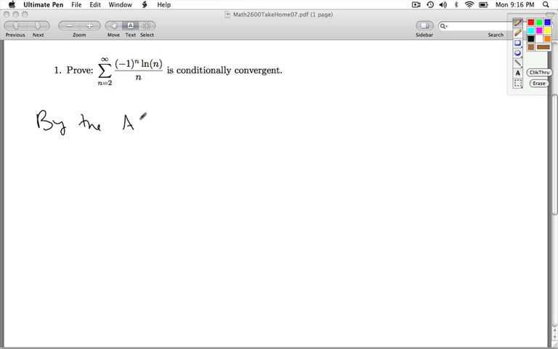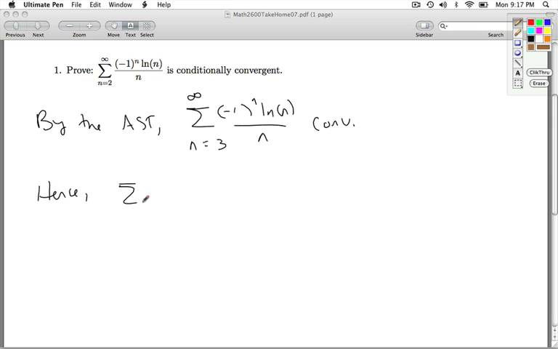by the alternating series test, the sum n equals 3 to infinity of negative 1 to the n natural log n over n converges. But since a finite number of terms does not affect the convergence or divergence of the series, the original series starting at 2 converges also.